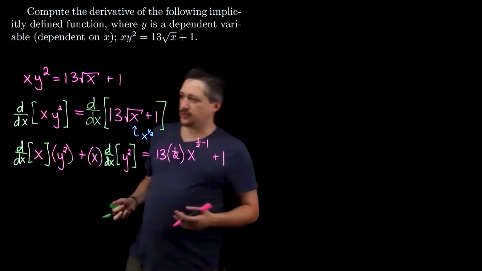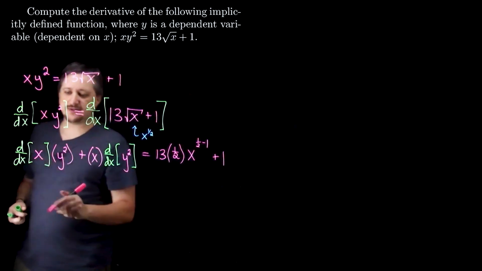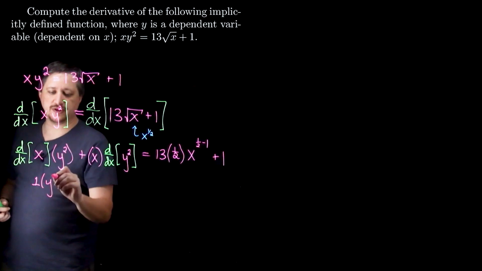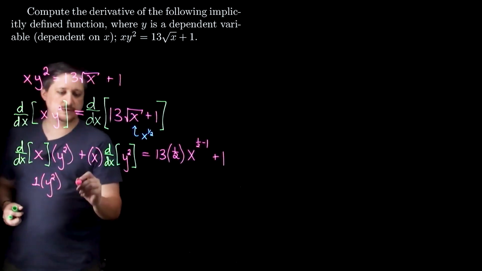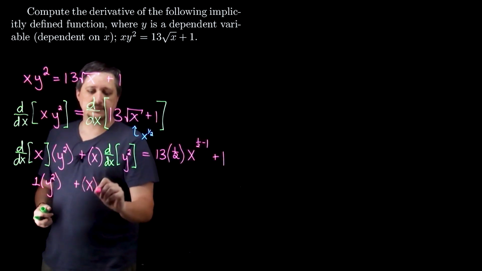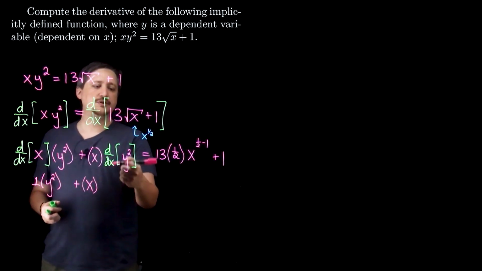This side, there's a little more work left to do. The derivative of x is just 1. I don't have to write that, but I'm doing it just to show that I did take that derivative. Here I have x, and now I have the derivative of y squared.